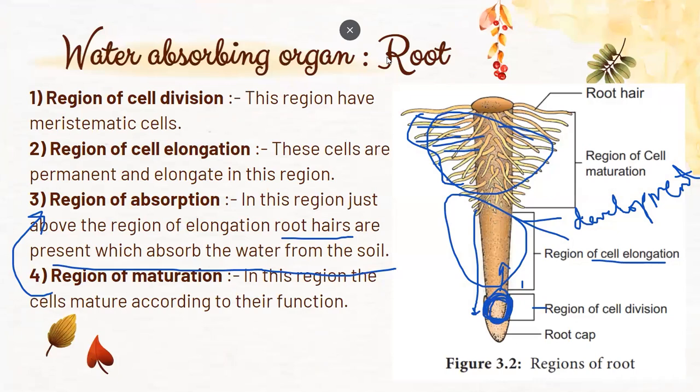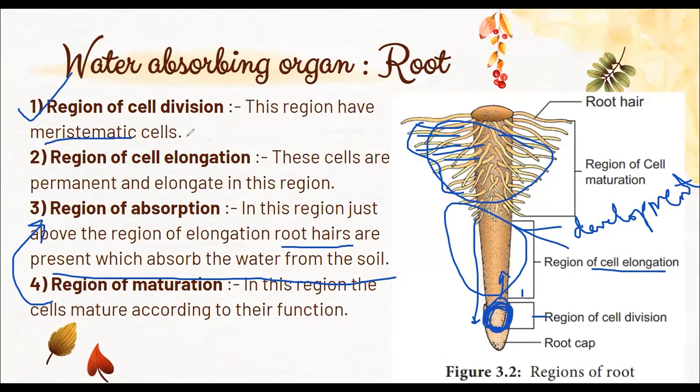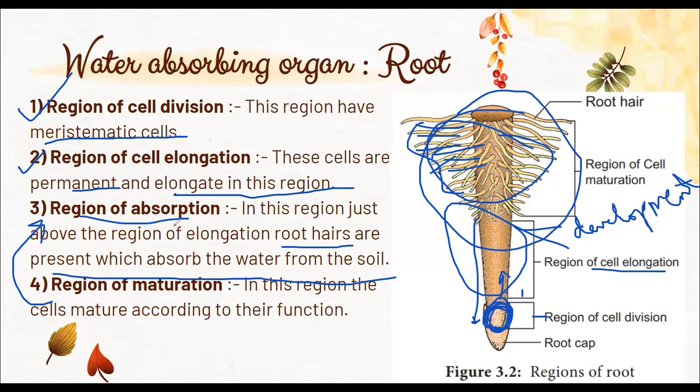Basically, you need to know region of cell division, which is having meristematic cells, which are young actively growing cells. Then comes the region of cell elongation, wherein the cells are permanent and then they increase in size, they elongate. Region of absorption is over here. Basically, the root hairs are the ones which form the region of absorption, which absorb the water from the soil.